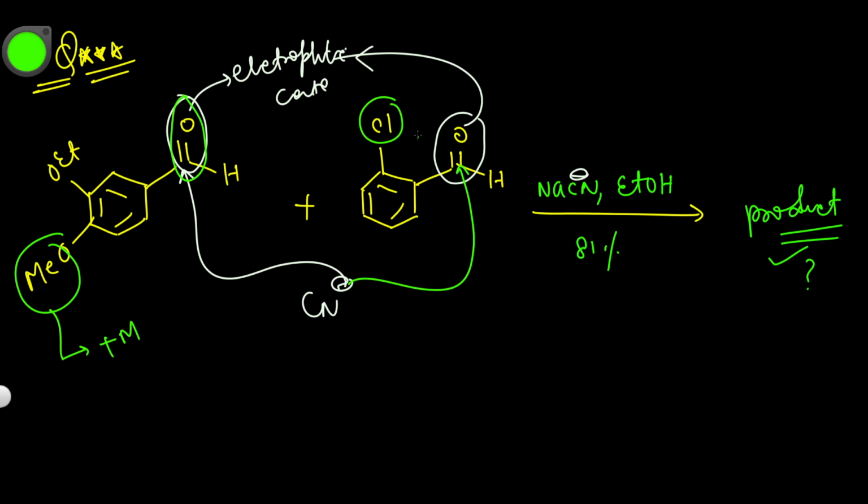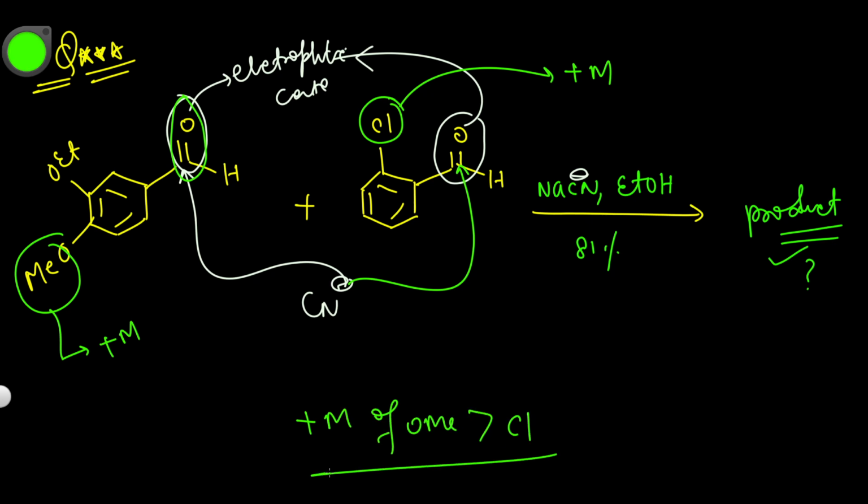In this case there is a chlorine attached, and it will also show the plus M. It will also donate electrons and decrease this carbonyl reactivity, right? But we also know that the plus M of OMe is greater than that of Cl.